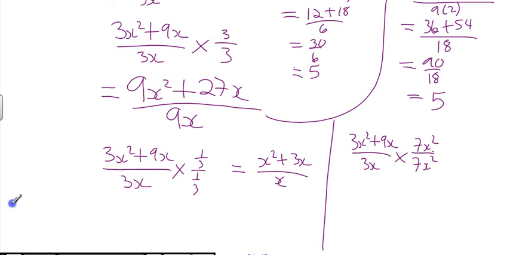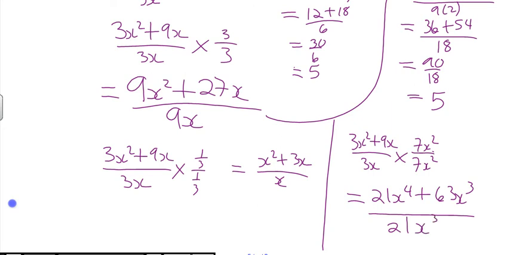And if we went in and after, well, let's do this first. Okay. So 7x squared, that's going to be 21x to the 4th plus 63x cubed over 21x cubed. Okay, that's another equivalent. If I stuck a 2 in there, which I have no intention of doing, it would work out to 5. Right?